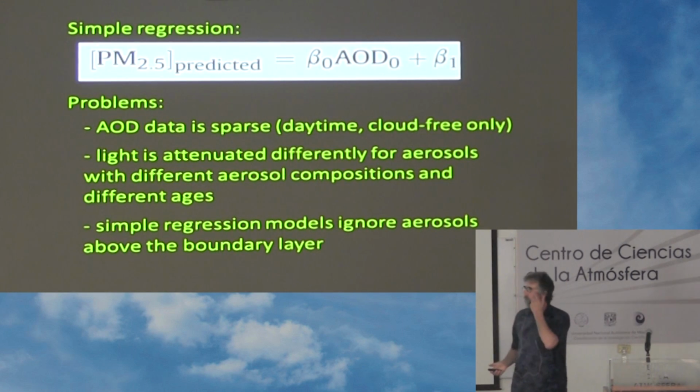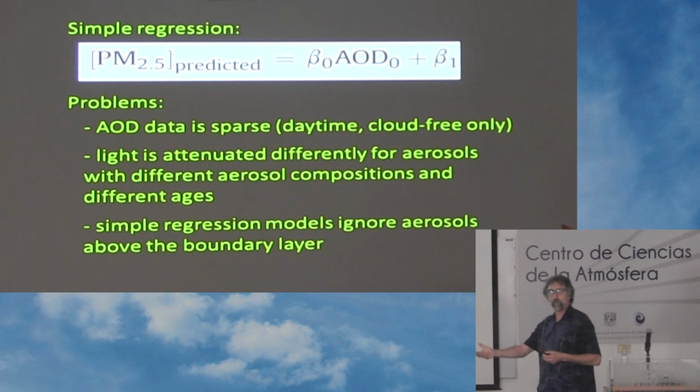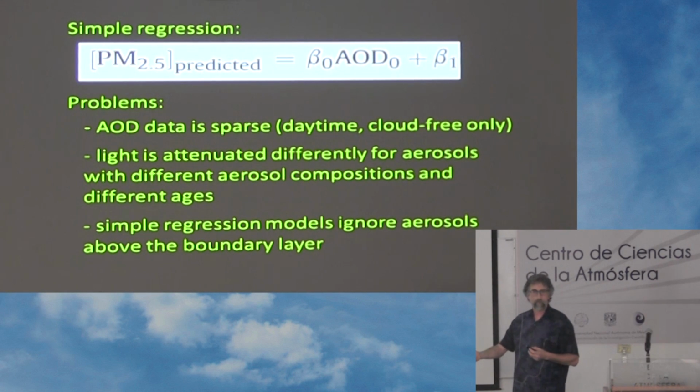Okay, so the state of the art for using aerosol optical depth measured by satellite to estimate PM 2.5, the fine particles, looks like this. It's a simple regression model. So you have some measurements of PM 2.5, maybe for a year, and then you also have the aerosol optical depth data from the satellite.